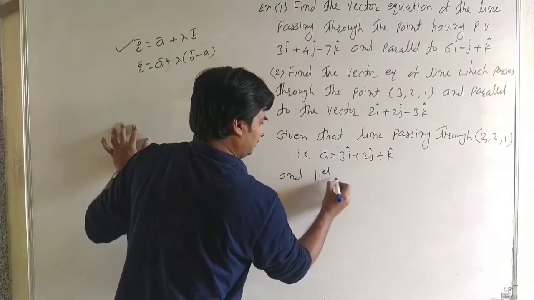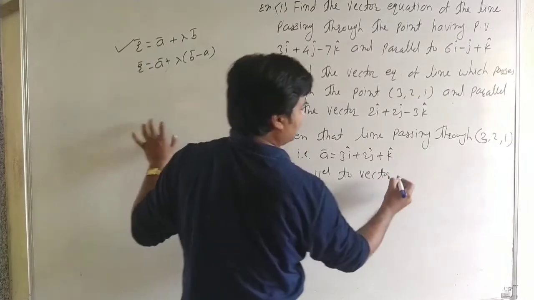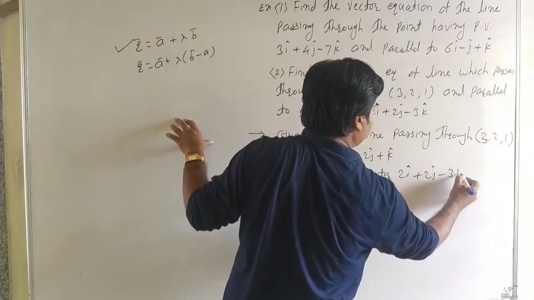parallel to vector 2i cap plus 2j cap minus 3k cap.